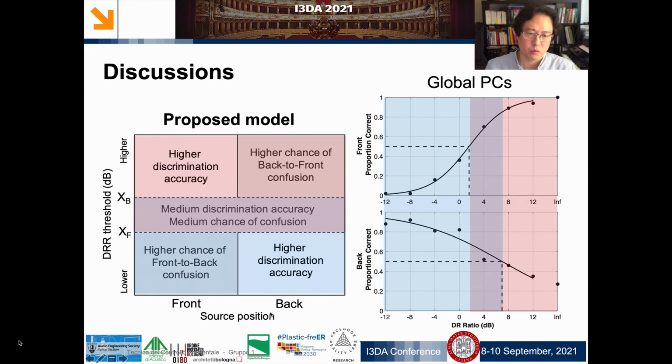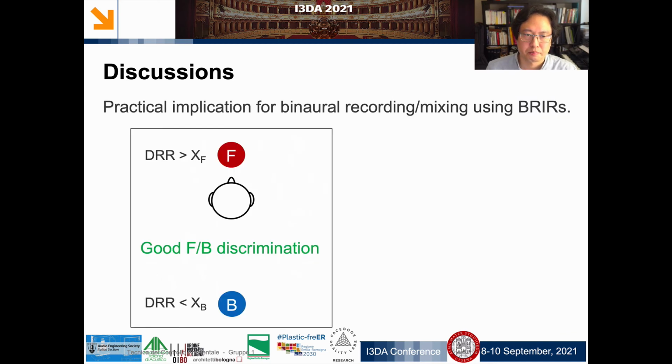This is the case where there is a lot of reverb. But for a higher DRR, which has less reverb, we can expect higher discrimination accuracy for the front source, but a higher chance of back to front confusion for the back source. And this middle region is basically about medium discrimination accuracy, or also medium chance of confusion.